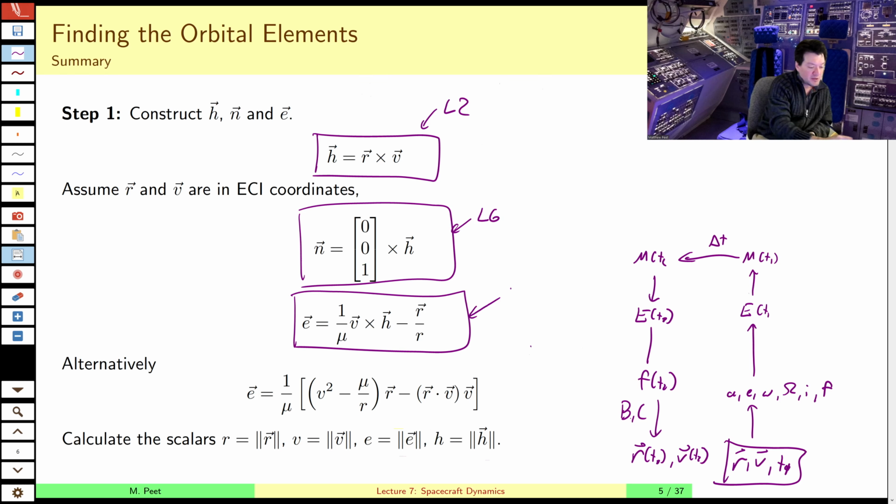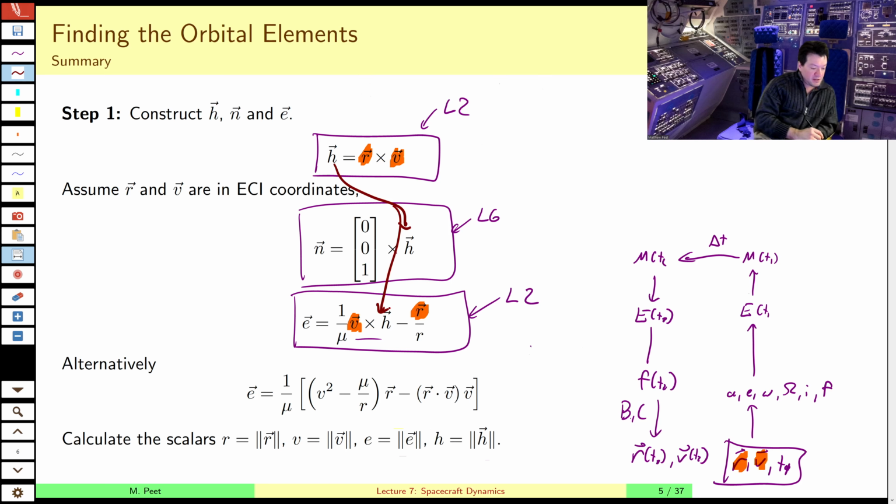Again, that was lecture 2. That was our second invariant of the orbit. Again, using cross products on the angular momentum vector. Here's r and v, where that comes in. The angular momentum vector pops in there, and then it also pops in there.